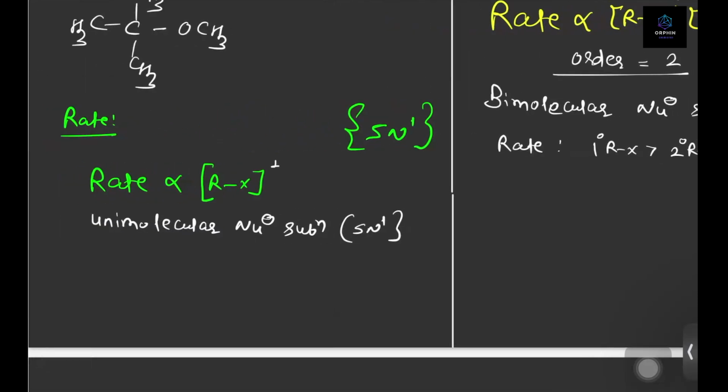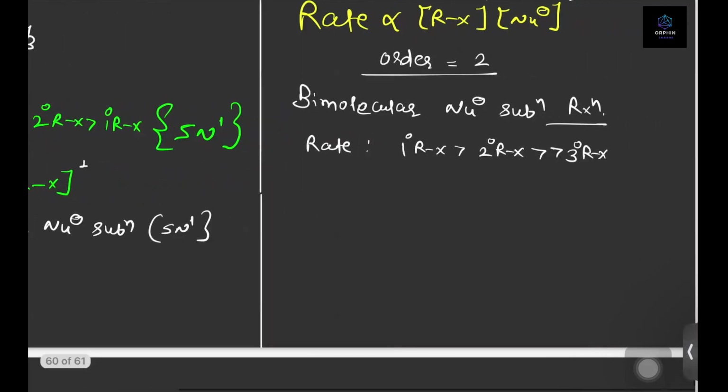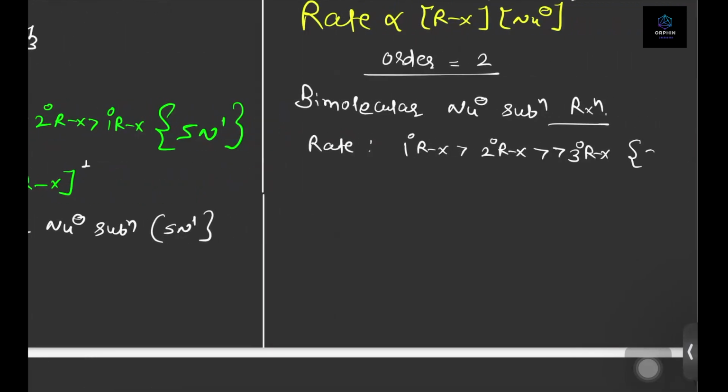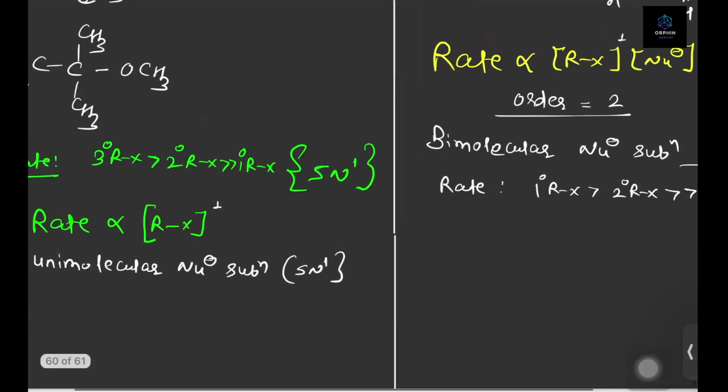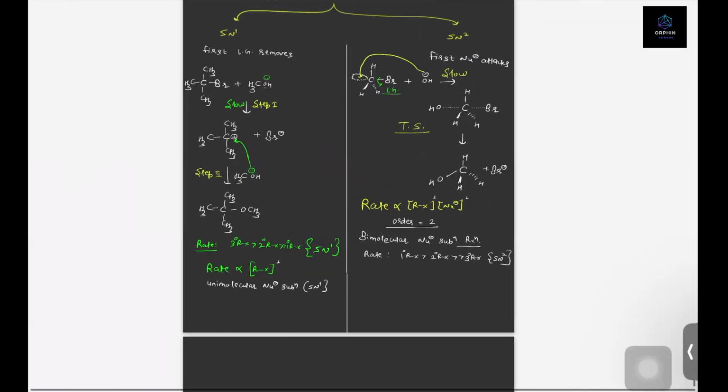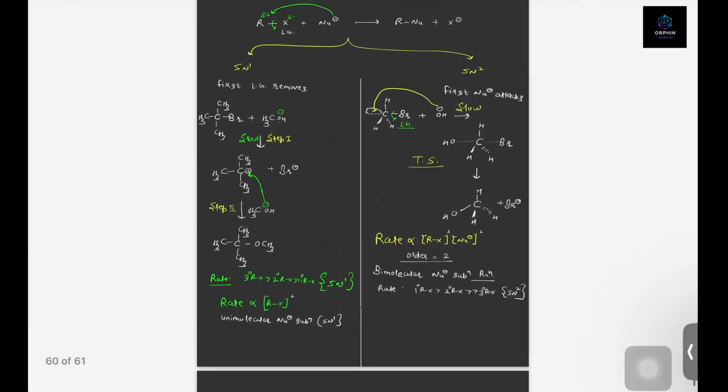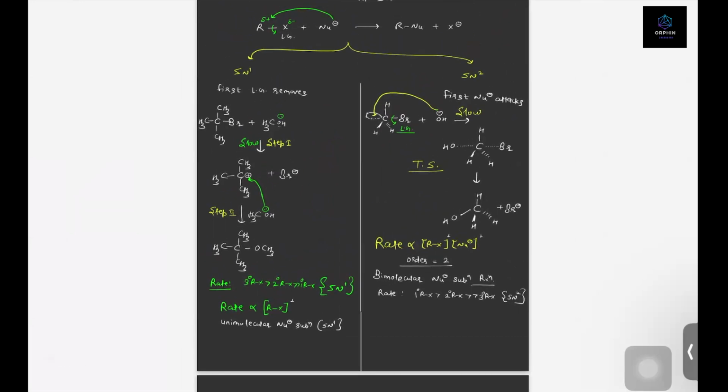In SN1 it was highest for 3 degree alkyl halide, then 2 degree, then 1 degree. This is the rate for SN2, and it was least in the case of SN1. That means when 1 degree alkyl halide is there, we will prefer SN2. When 3 degree alkyl halide is there, we will prefer SN1.